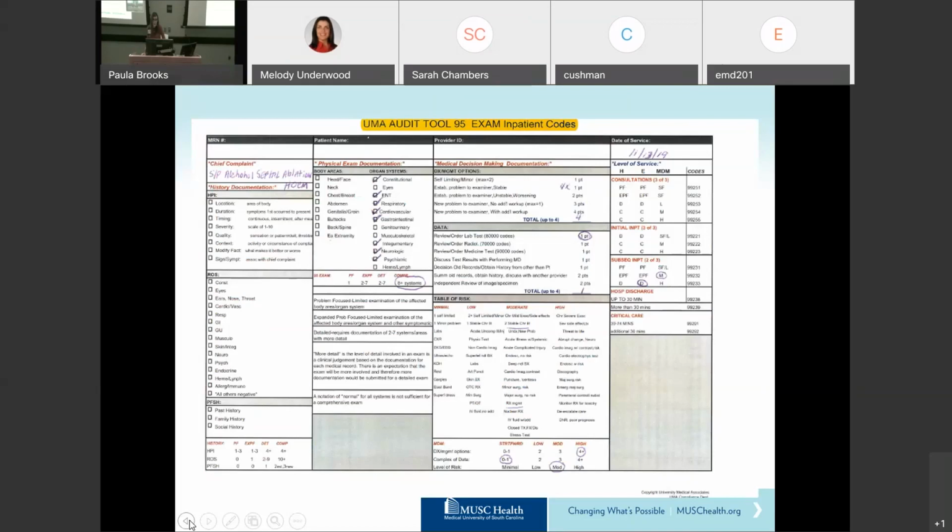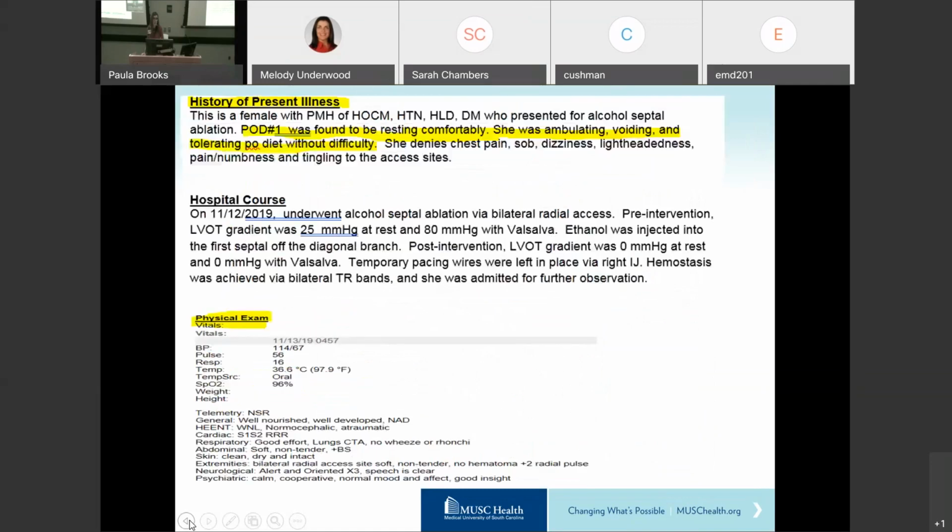For subsequent care notes, you don't need any actual HPI. You can just do like a 24-hour update. Don't need to include any medical, social, family history at all. As you all go back to it, you usually will see something pretty simple like this that just goes over post-op day 1, the patient's found resting comfortably in the bed, she's ambulating.